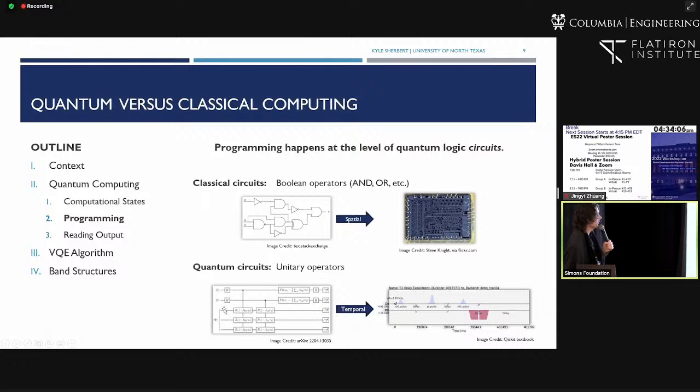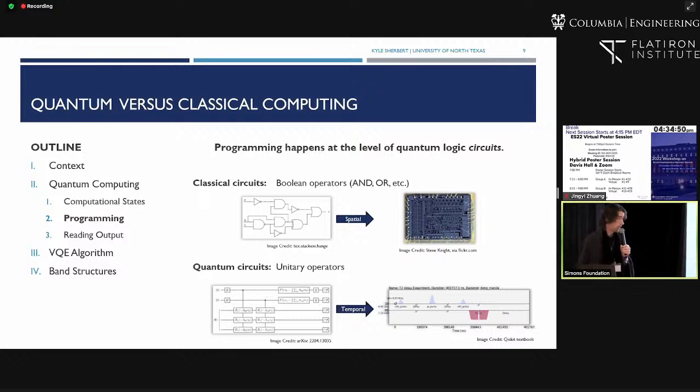But the main difference here is that instead of these logical Boolean gates, which only have so many discrete states that they can take in and put out, when you have a quantum computational state, where each quantum state can take a continuous value, that means that the instruction set, the type of gates that you can put in your quantum computer, is a much richer, more diverse set. And that is how we are able to get a more powerful computer that's able to do more things in some contexts.